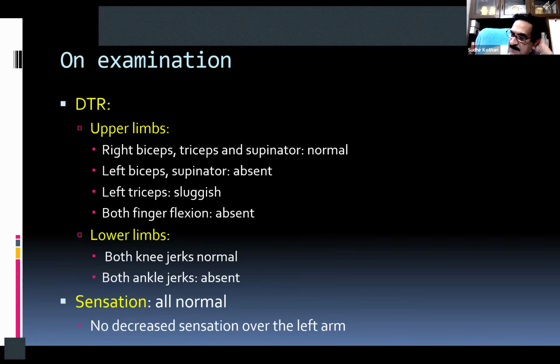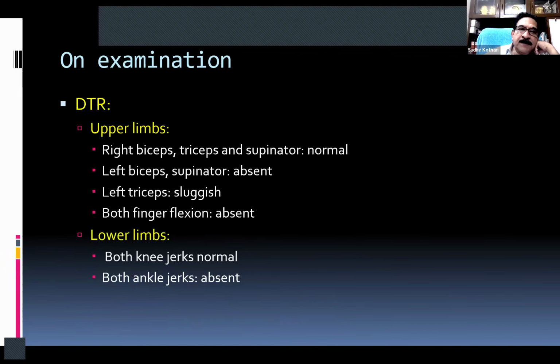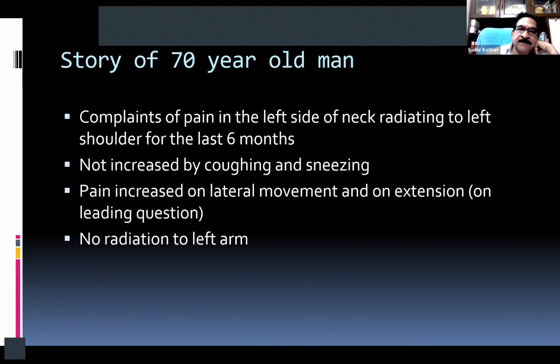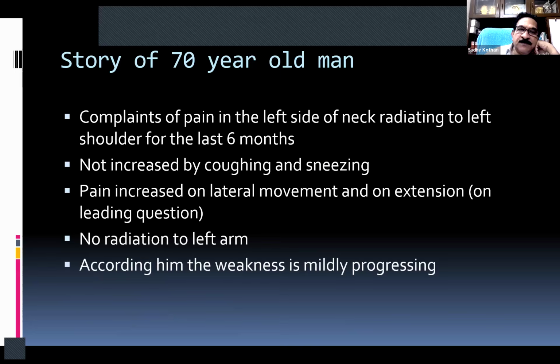So what is your localization? Well, go back to the history once again. Pain related to the neck for 6 months. Pain increased on lateral movement and extension. No radiation to the left arm.